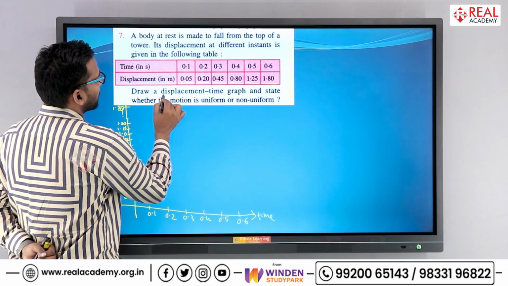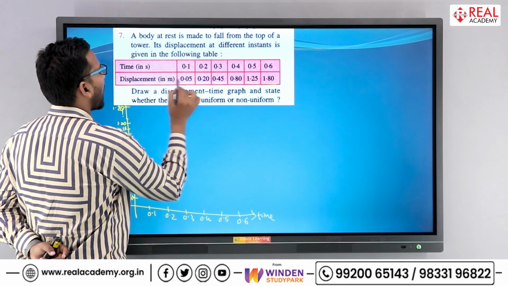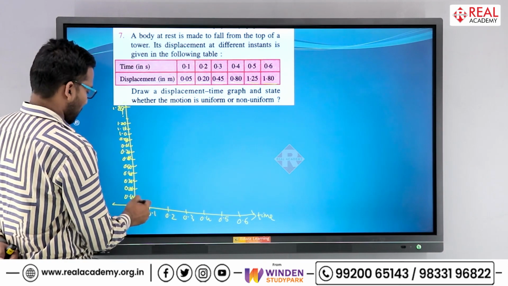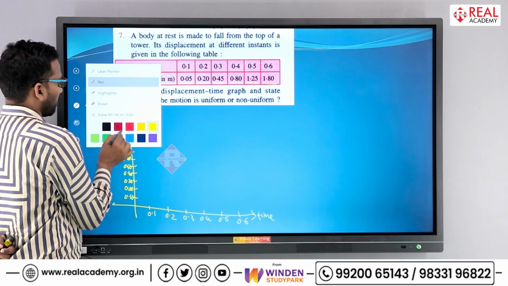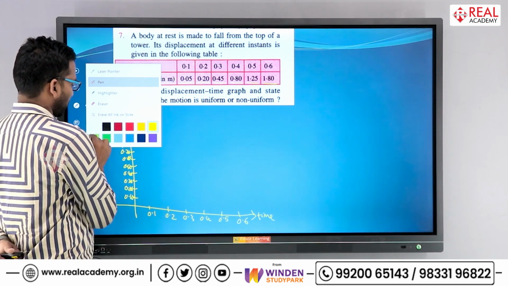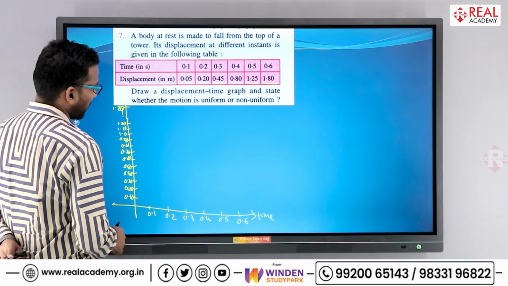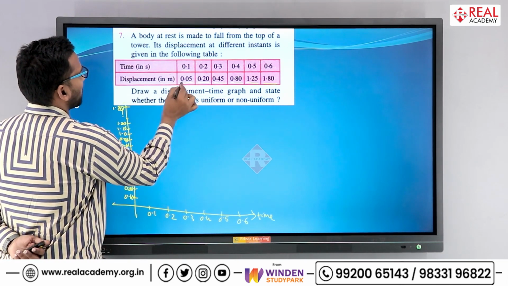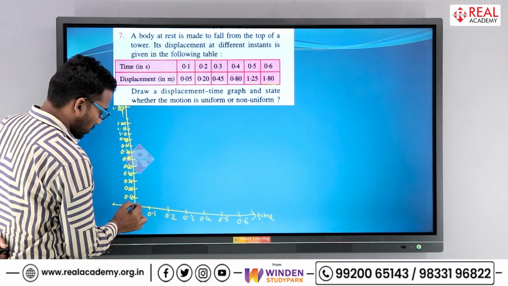Then they have asked us to draw the displacement and time graph. So how to draw? For 0.1 time the displacement is 0.05.